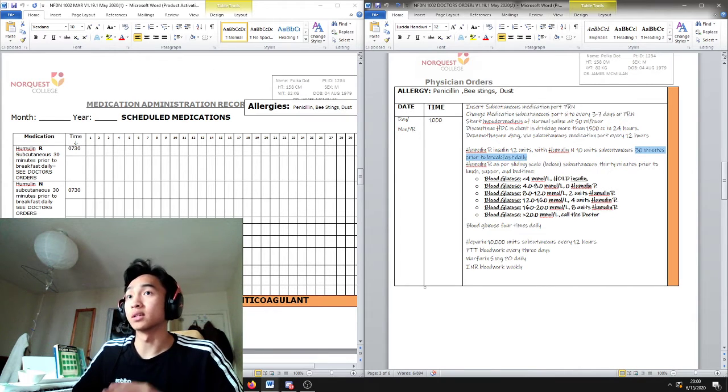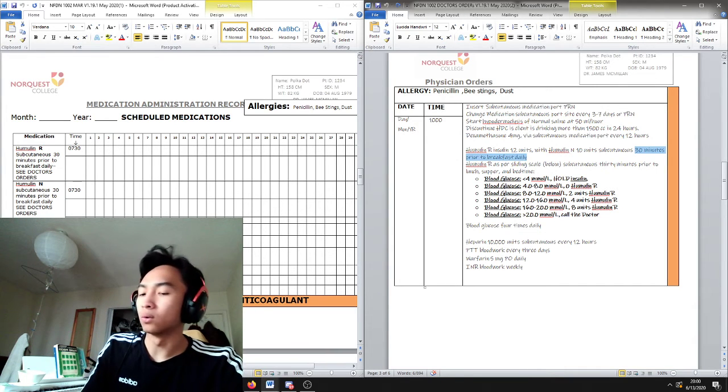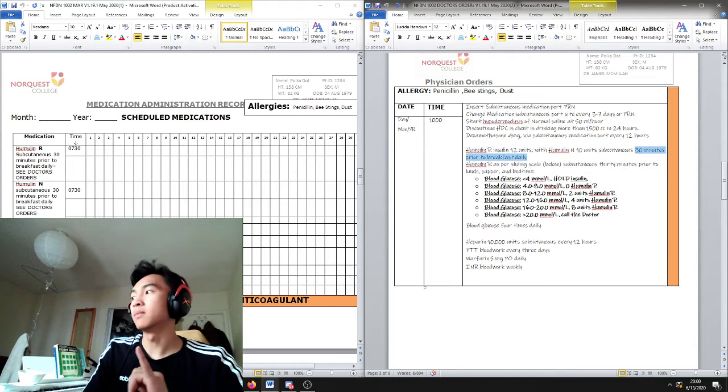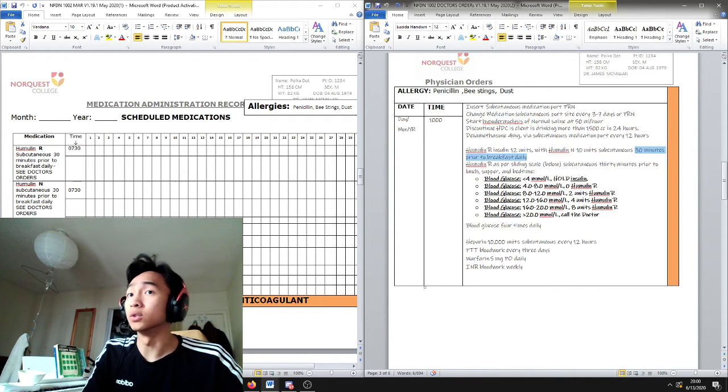So I'm doing my first check. Before I'm doing my first check, I'm performing hand hygiene again and wearing gloves. Next, I am pulling out the medication. As I'm doing so, I am doing my 5 rights. So the right name of the patient, Mr. Sweet. Medication would be Humulin R and Humulin N. Right doses would be Humulin R 12 units and Humulin N 10 units.